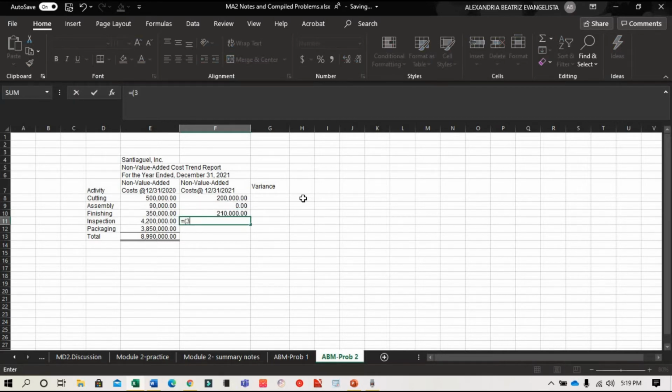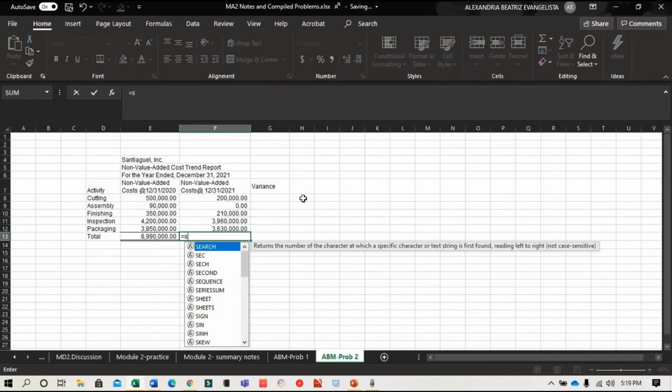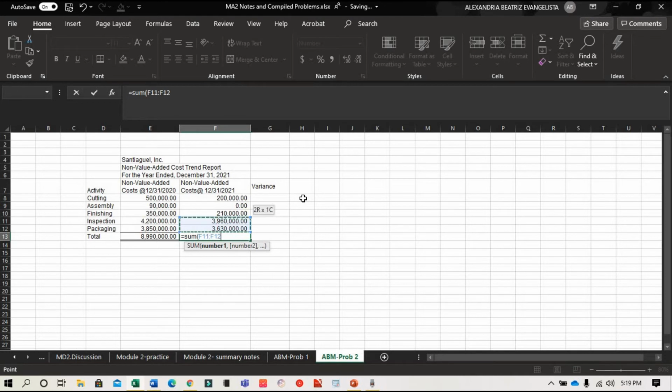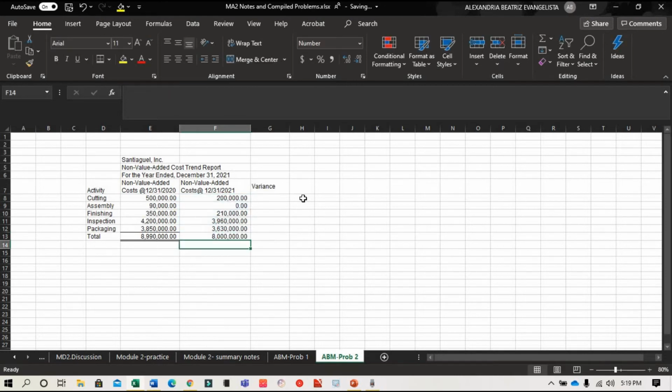For inspection, that is 330 minus 0 multiplied by 12. And for packaging, that is 330,000 minus 0 multiplied by 11. Let's just get the total of these numbers.